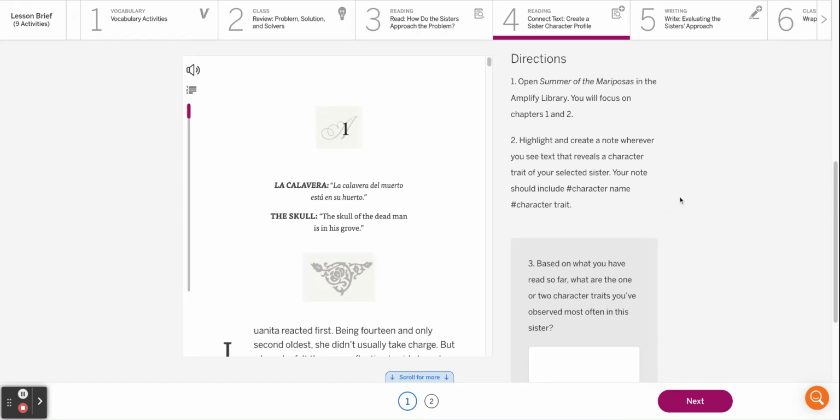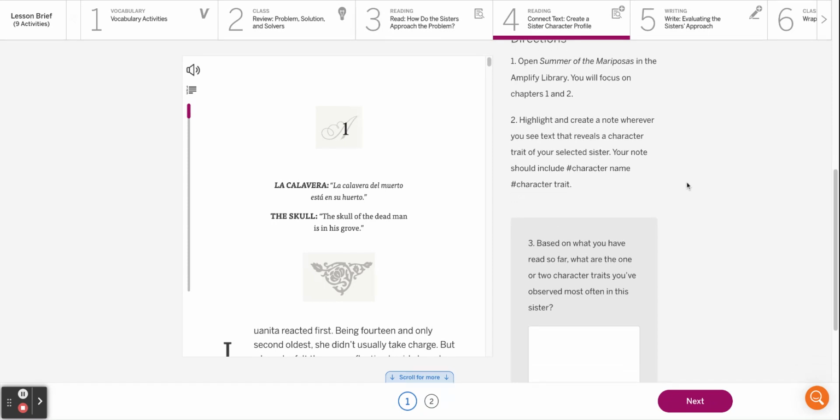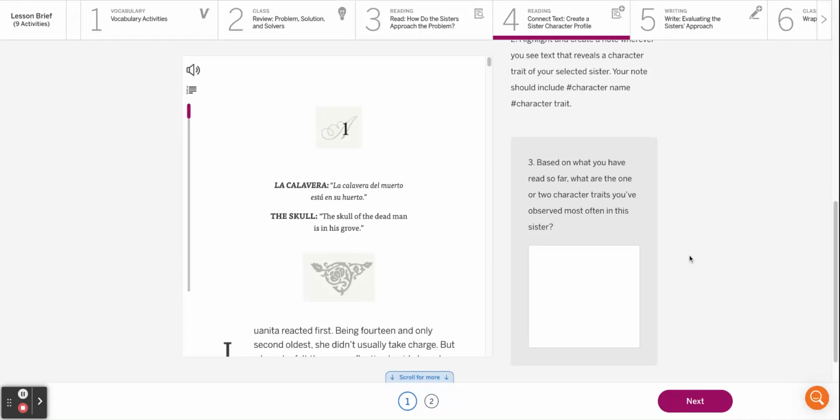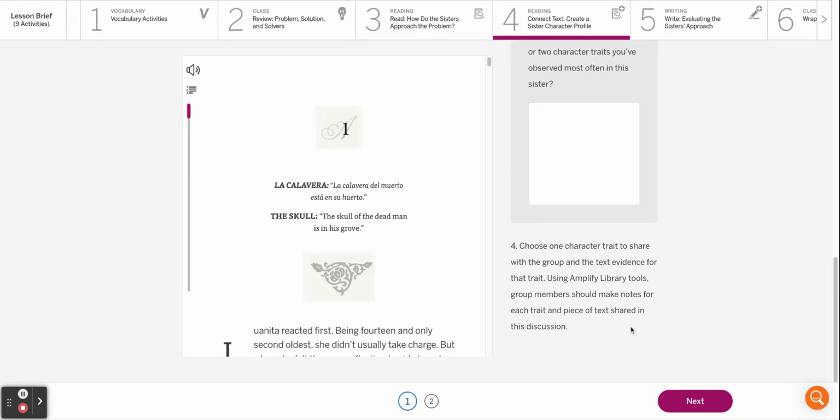Don't highlight those FAST details again. Go back and find those highlights you were supposed to highlight for the particular character, the sister, that you're profiling. So based on what you've read so far, what are 2 traits for that character that you've seen most often?